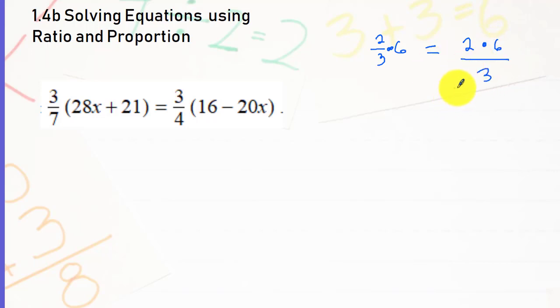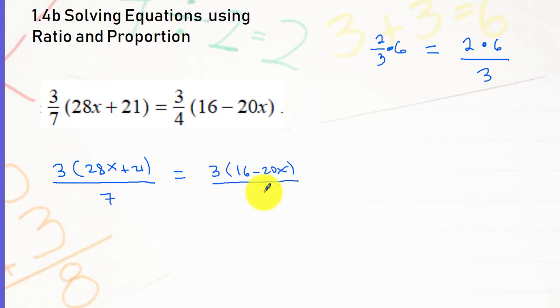See, these two are the same thing, okay? So I can rewrite this as 3 times 28x plus 21 all over 7. Same thing with this, I can rewrite this as 3 times this, 16 minus 20x divided by 4.